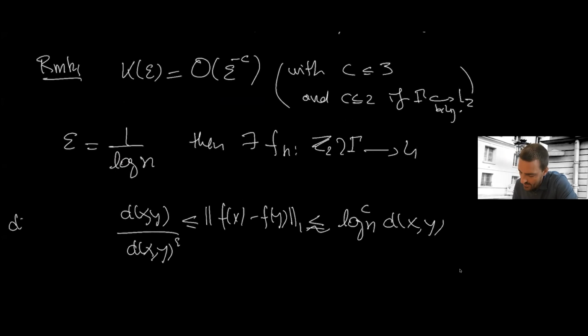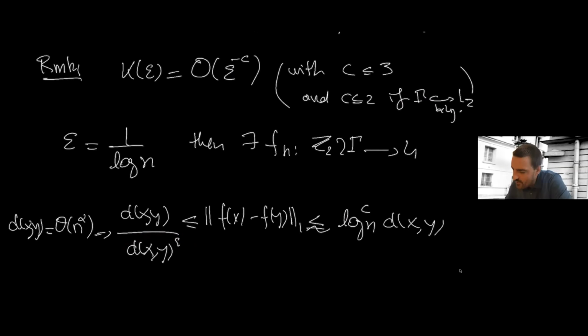So if you take points that are at distance at most some factor times n to some power, so polynomial in n, this quantity here becomes a constant, because n to 1 over log n is just a constant, okay?